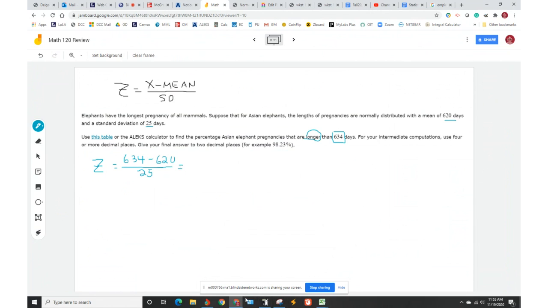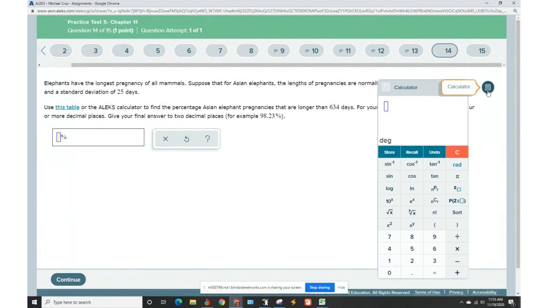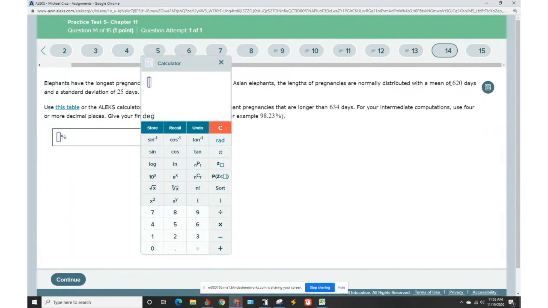So calculator time. You don't need to write it down. I'm just wanting to explain it and show it, because you can easily do this. You still got to type it in. I don't know why it didn't work here, but it worked on that other one. All right. So there's 14 difference, and then we got to divide by 25.